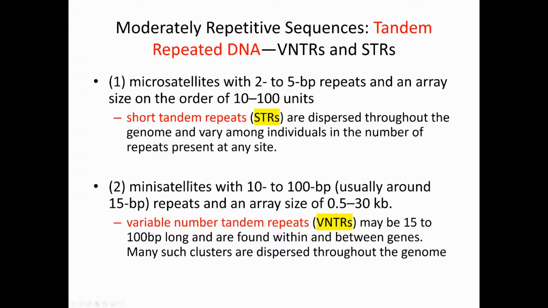Then minisatellites have a 10 to 100 base pair repeat, in arrays of 0.5 to 30 kilobases. The important one is the variable number tandem repeat, VNTR. It's 15 to 100 base pairs long, within and between genes. That's the minisatellites.